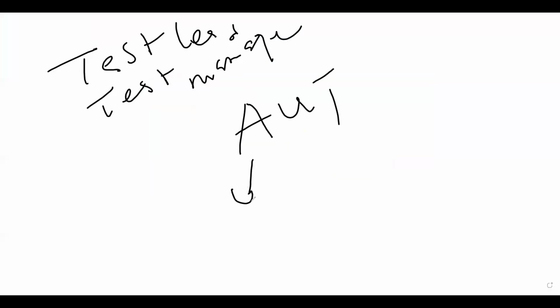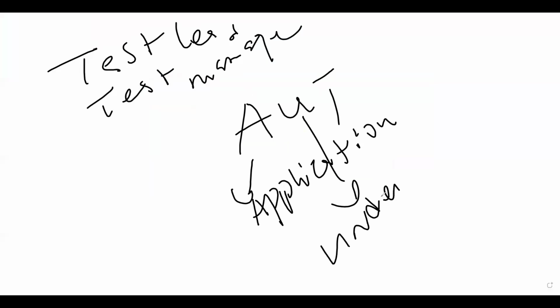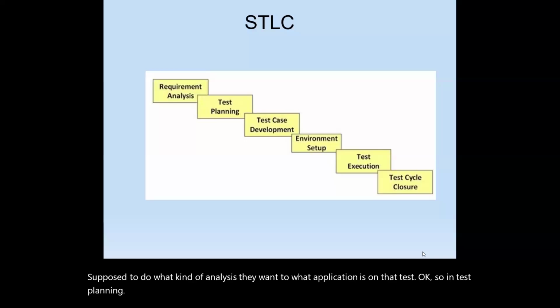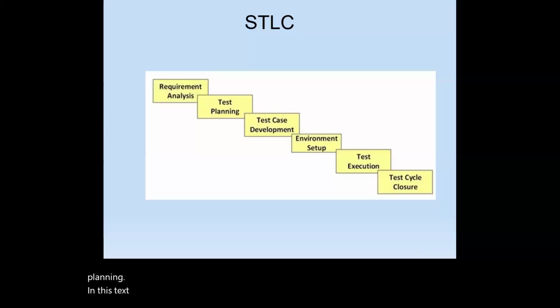This AUT stands for what? Application under test. So they do analysis of what the application under test is. Okay. So in this test planning, your test lead will decide what kind of testing is going to happen.